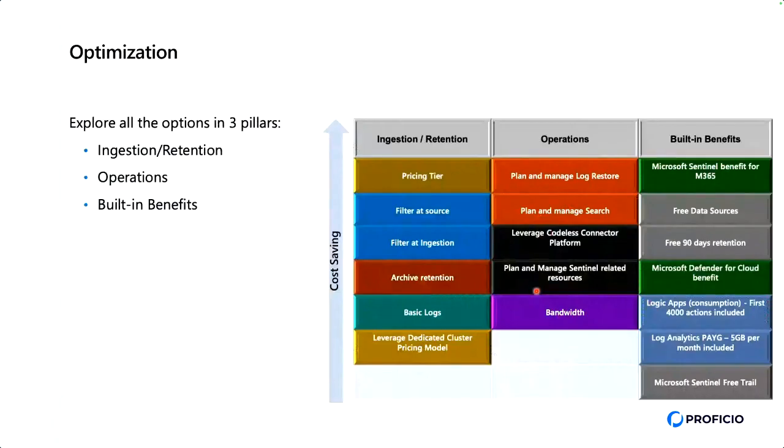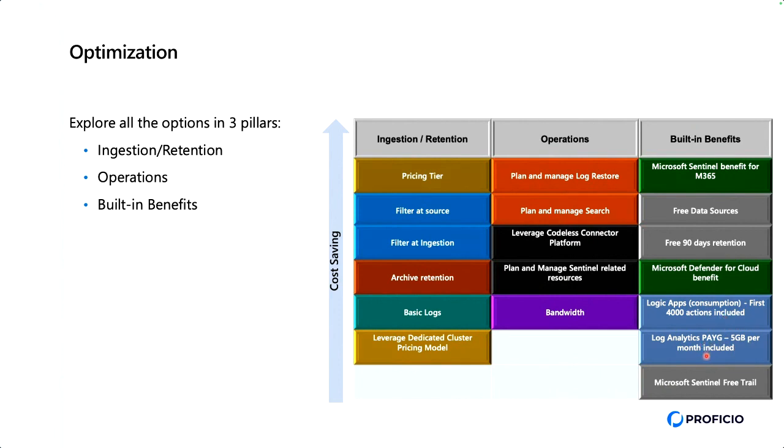How can we optimize this even further? We talked about built-in benefits: free data sources, the Microsoft Sentinel benefit from M365, free 90-day retention periods, etc. I would also like to highlight that Logic Apps, based on consumption or pay-as-you-go, has 4,000 actions included for free, or 5 gigabytes per month free when you use pay-as-you-go.